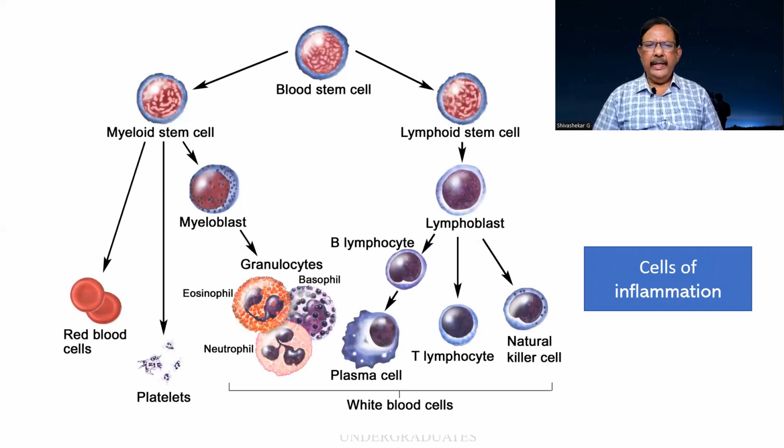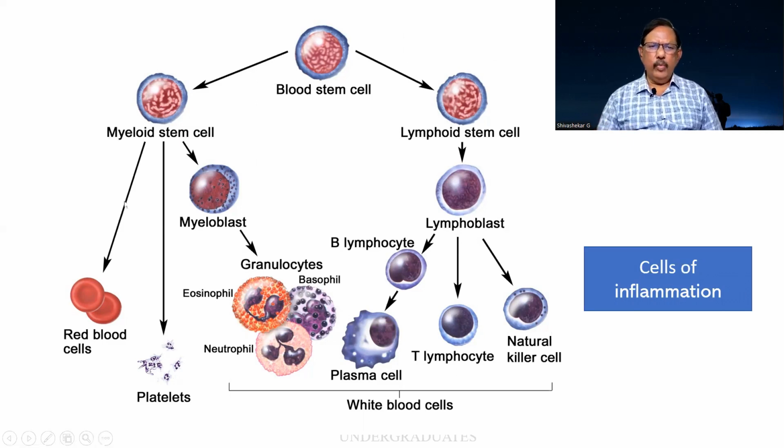So again and again, I go to a diagram. I have a habit of going to a diagram. A simple picture is worth a million words. So this is the blood stem cell. There is a myeloid lineage and a lymphoid lineage. The myeloid lineage, actually it is myeloid erythroid. So you will get all the erythroid precursors. You will get the megakaryocytes and the platelets. And you will get the myeloblast. From the myeloblast, we get different granulocytes: eosinophil, basophil, neutrophil.